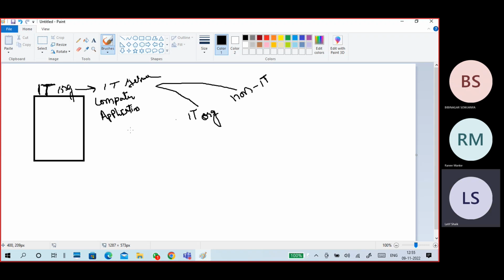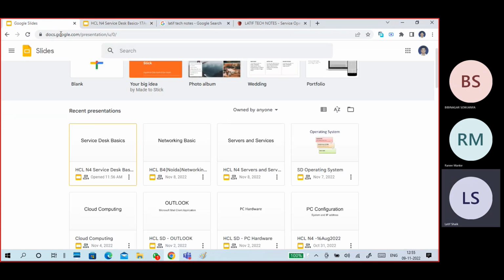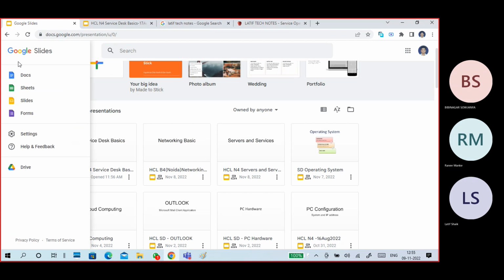Mechanical engineers use mechanical related applications. Commonly, we are using Word, Excel, PowerPoint. I'm using this paintbrush, and this is a PowerPoint slide.